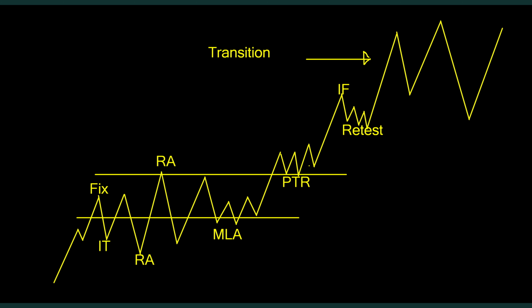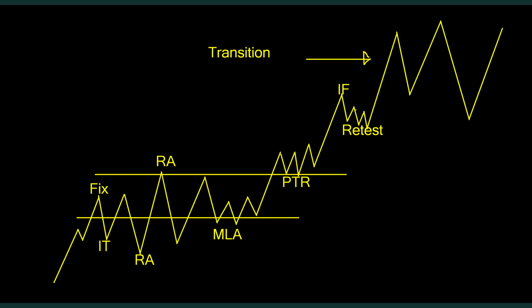And then we see a new impulse, which is repositioning. Then we see an initial fill. An initial fill happens when institutional traders initially fill their positions. They can add some volume, add some contracts, and this is why this movement happens. Then we see retest.